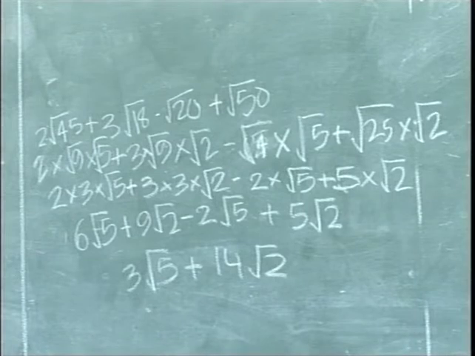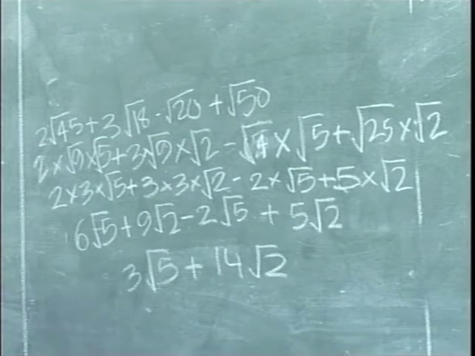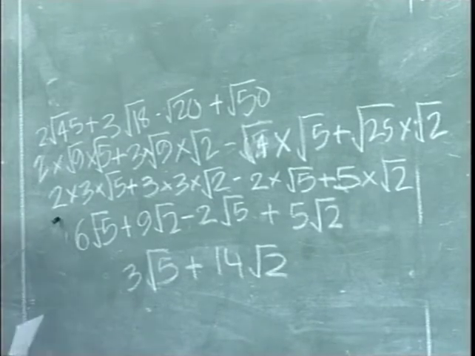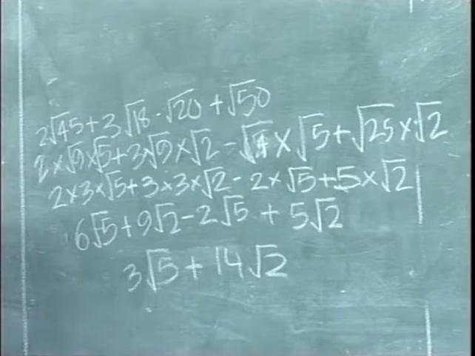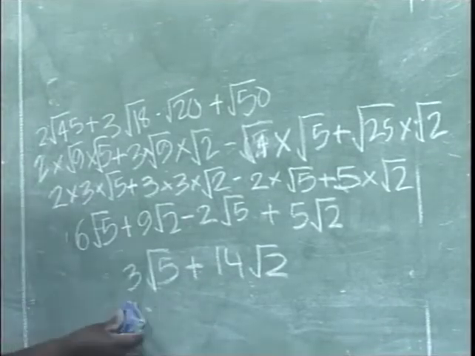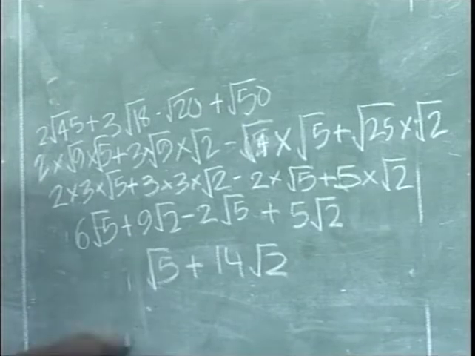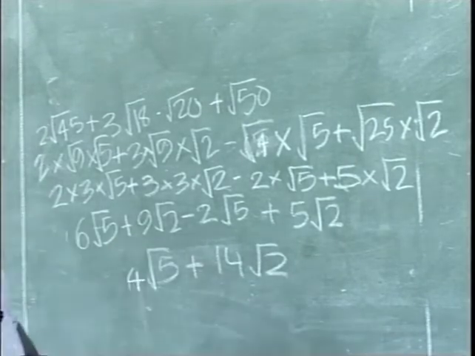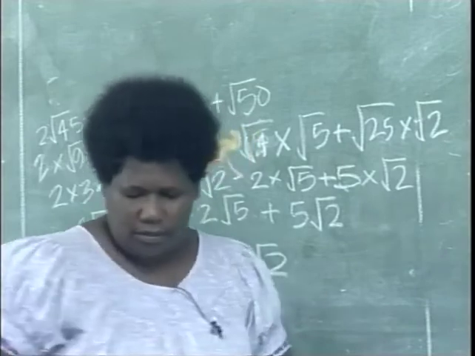All right, number 3, number 1. 3, 1, the answer is 4 root 5 plus 14 root 2. 6 minus 2 is 4, not 3. Number 3, part 2, 4 is correct.